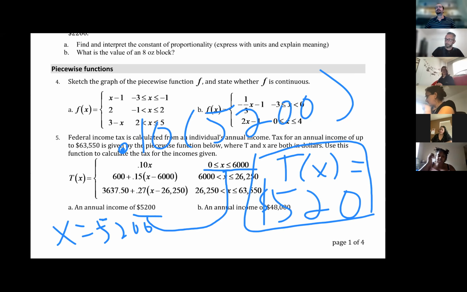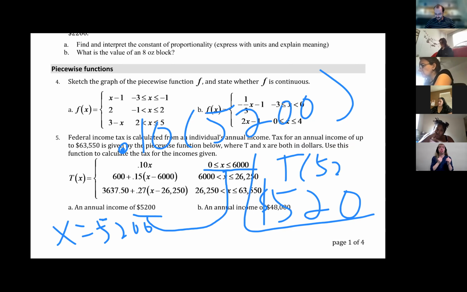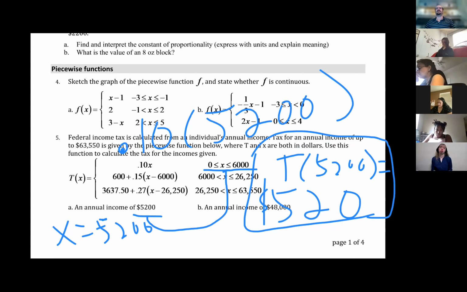Okay, I have a question. Is that the solution, or is there more? I should write it properly. This should actually say T of 5,200, since that's the number we plugged in, just for correct notation. But that's basically my solution. When I plug in that number, I get that number out of my T function.